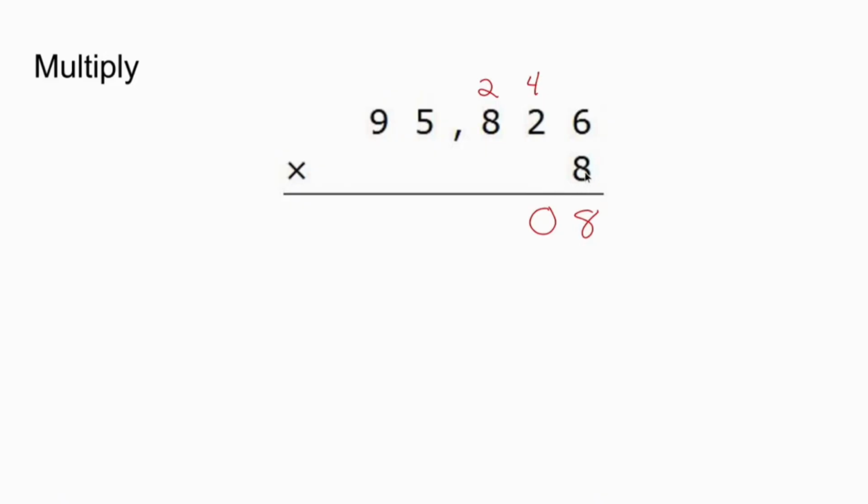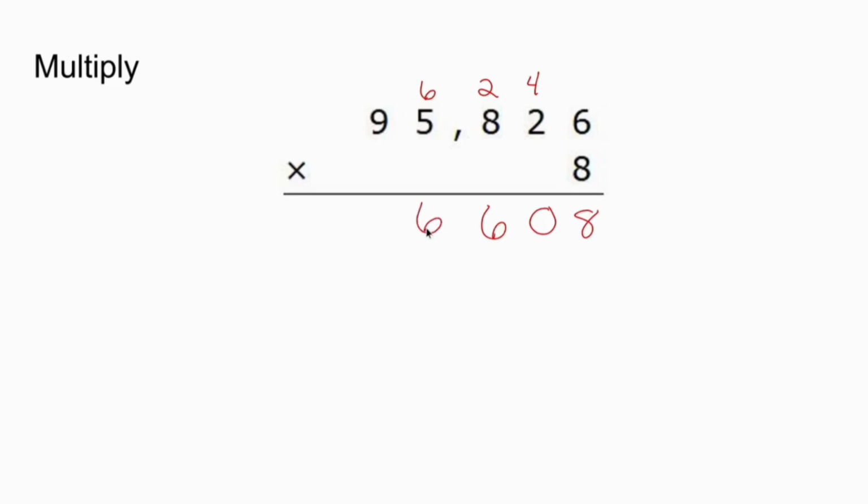Now we repeat the process. 8 times 8 is 64. 64 plus 2 is 66. Write out your 6. 8 times 5 is 40. 40 plus 6 is 46.